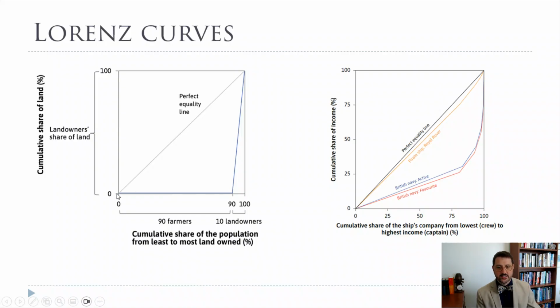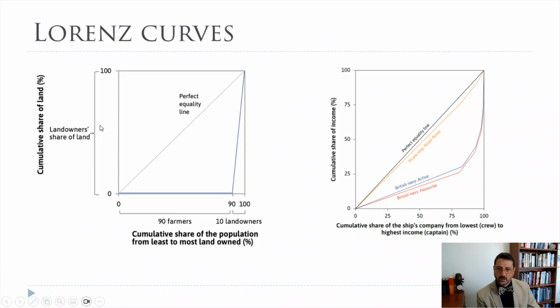And in this case, what we're graphing is land ownership. And what we're saying is that the bottom 90% of people don't own any land. And so our Lorenz curve is just flat here on the horizontal axis. And then the top 10% own all of the land, but equally. And so we just get a straight line going from 90 all the way up to 100.